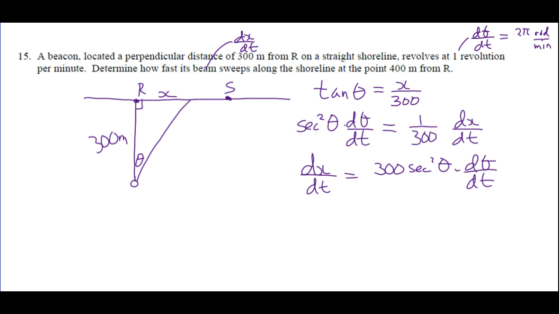Okay, so we need the secant of theta. All right, so there's theta. When this is 400. So if that's 300, that's 400, what's this? 500, right? Y'all know that. It's a 3, 4, 5 triangle. Or a 300, 400, 500 triangle, right? Otherwise you can use Pythagorean theorem and get 500 and then be embarrassed.